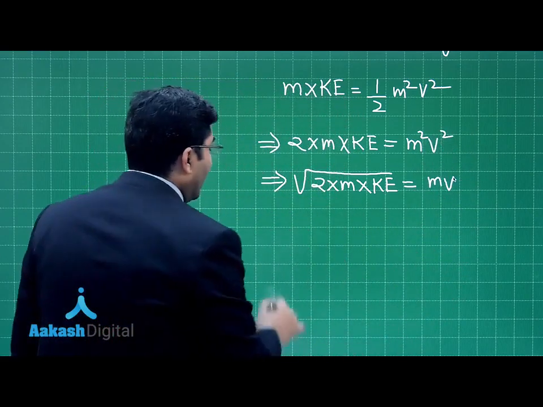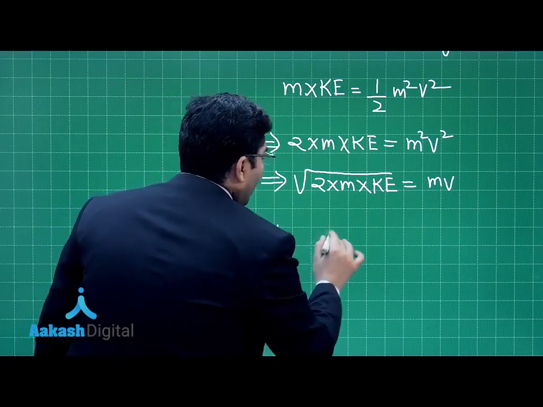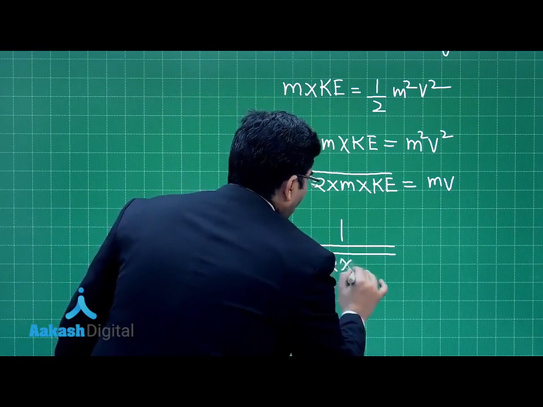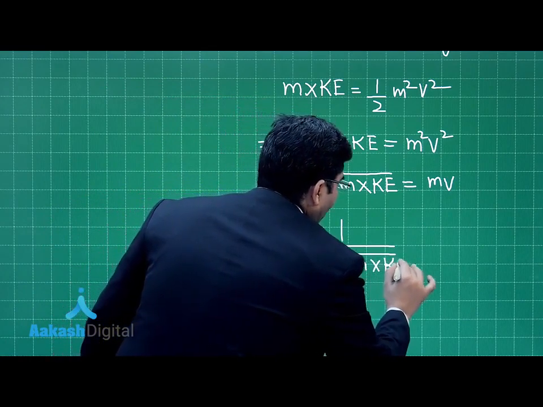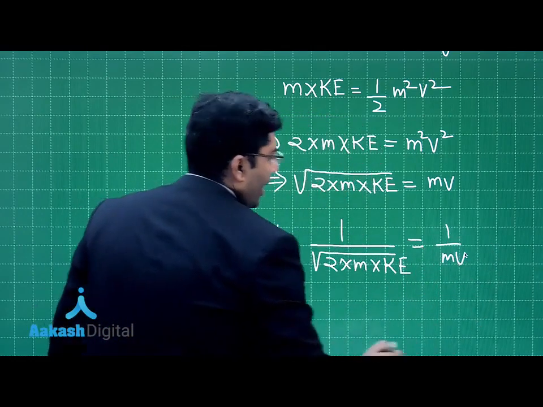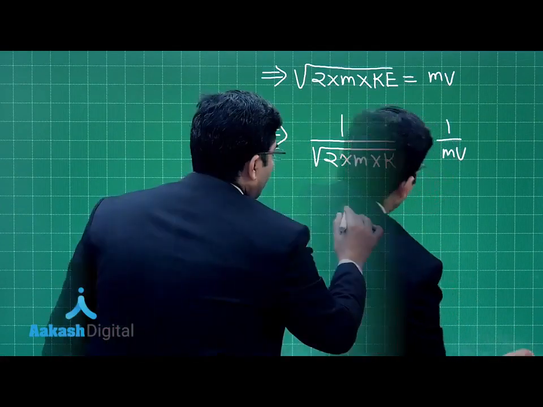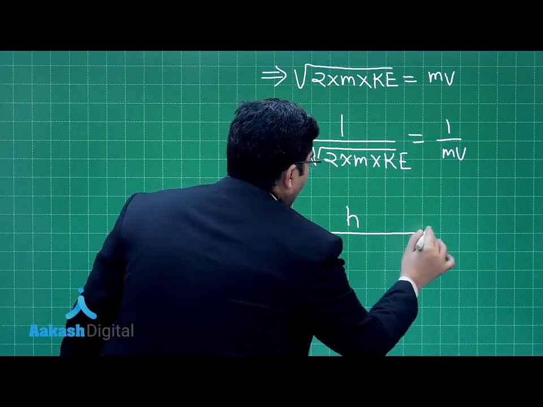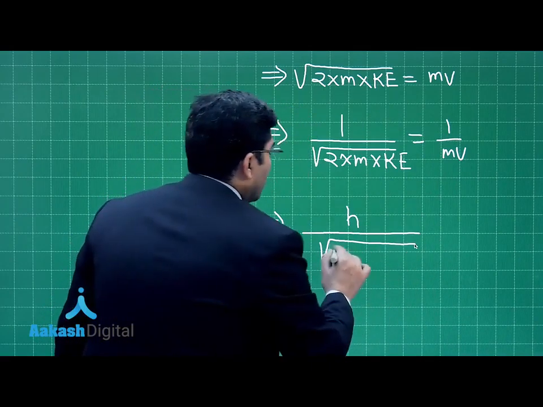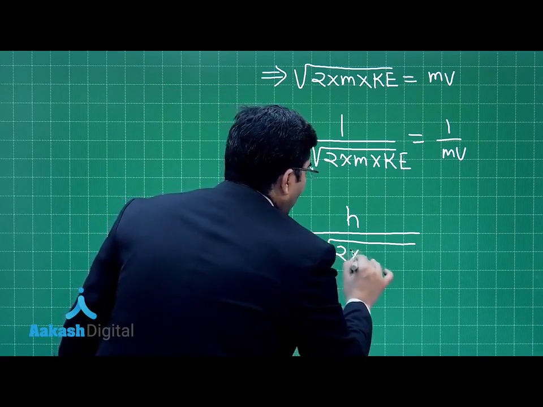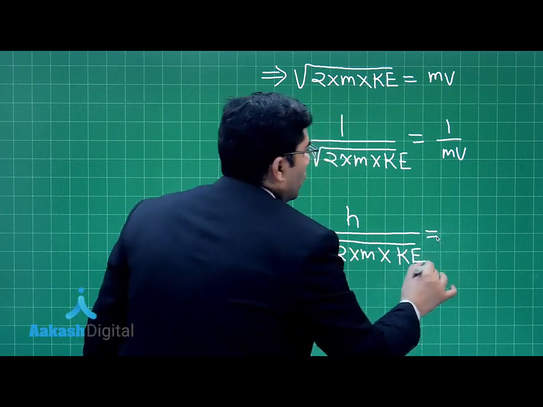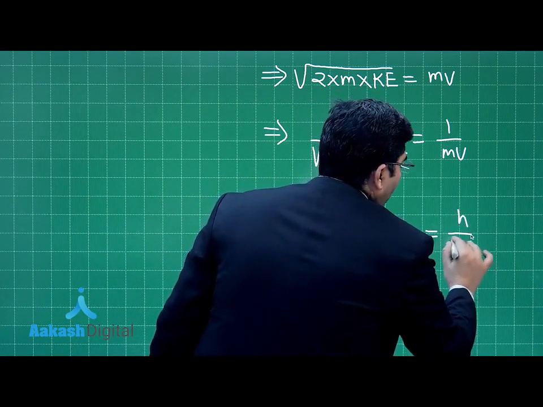Now, reciprocating it, we will get 1 divided by under root 2 into m into kinetic energy is equal to 1 upon mv, right? And after multiplying this equation by h, that is Planck's constant, we will get h upon under root 2 into m multiplied by the kinetic energy is equal to h upon mv.